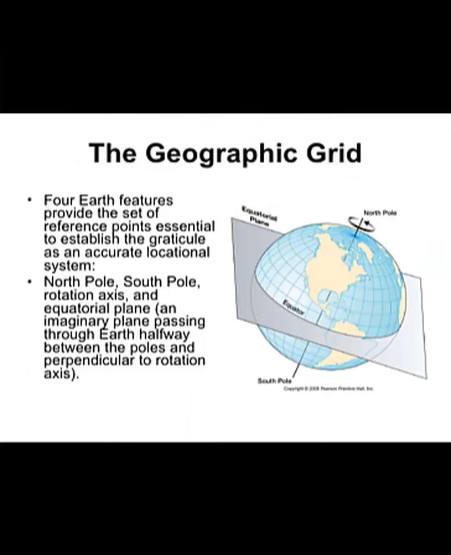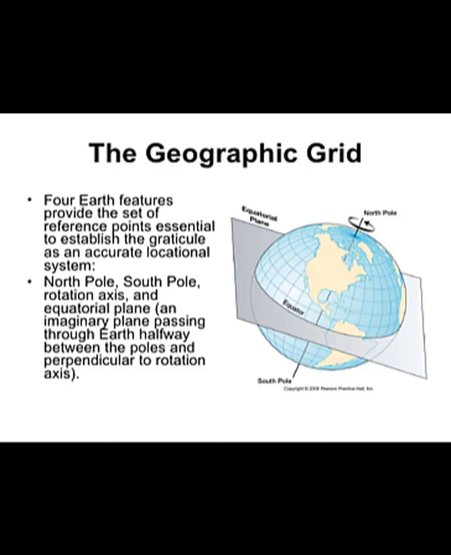Now next we will take, that is, geographic grid. Now what do you understand by the term grid? See, the geographic grid is a system designed to pinpoint any location on Earth by laying a vertical and horizontal grid over the Earth's layout.